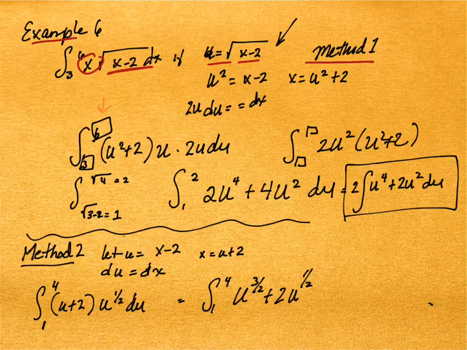So you need to have it in terms of x. You're solving for x, so u squared equals x minus 2, and so x is u squared plus 2 right here.